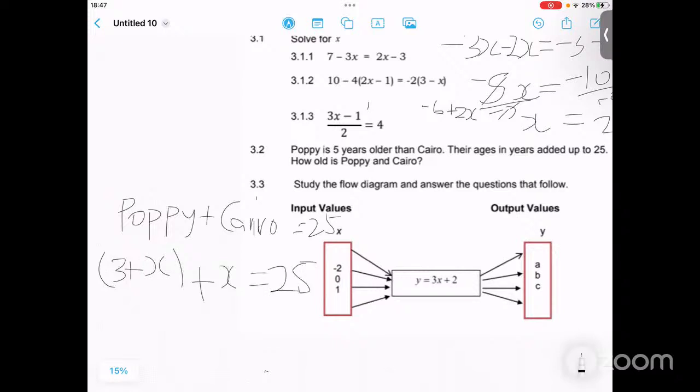Then, ma'am, I said 3 plus 2x equals 25. You said 3x? Ma'am, I said 3 plus 2x.